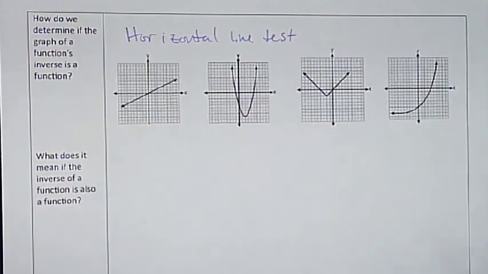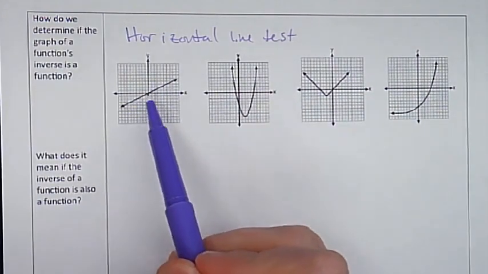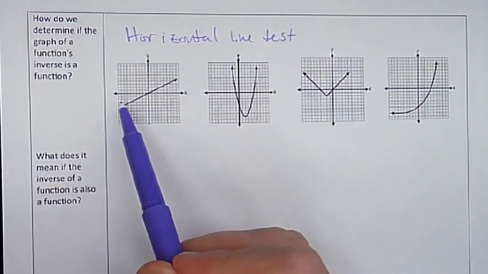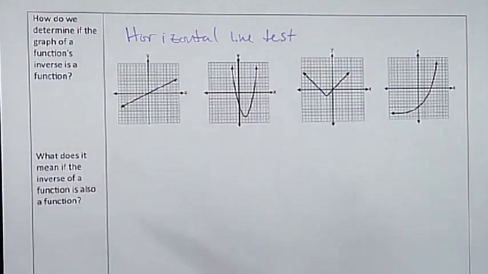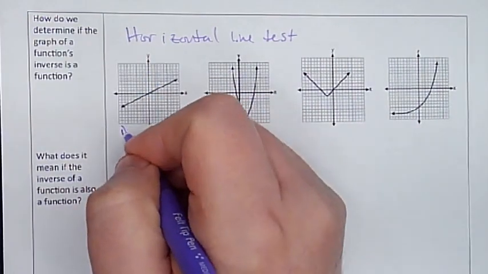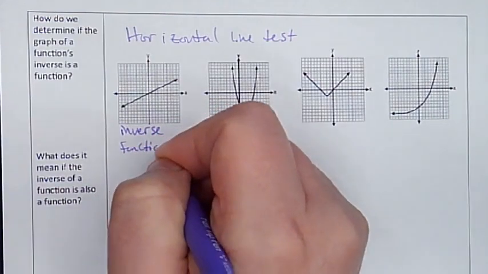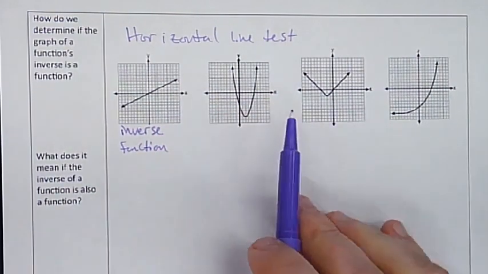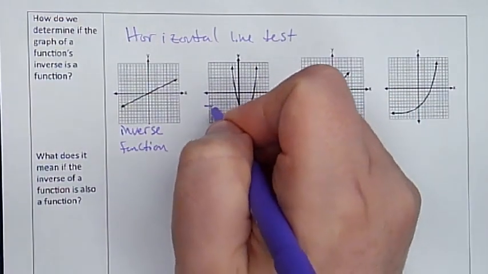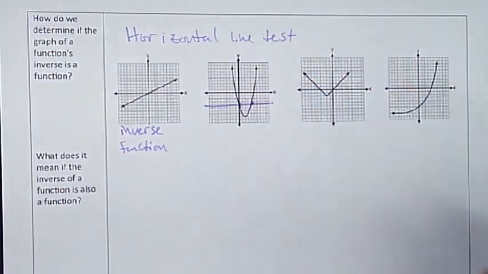Looking at my first graph, it does not appear that there are any y values that are used more than once. I wouldn't be able to draw a horizontal line that crosses this curve more than once. So we are going to say the inverse is a function. Here is my second graph. Now I can draw this line right here, which is going to cross twice.